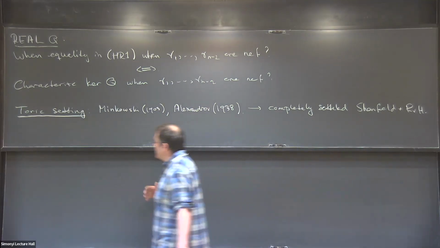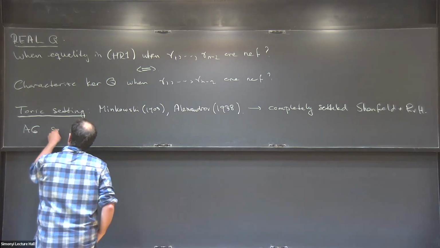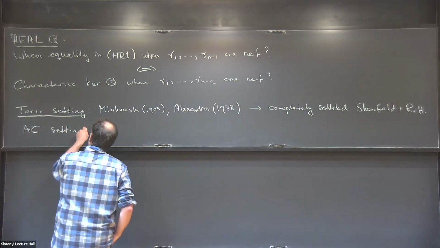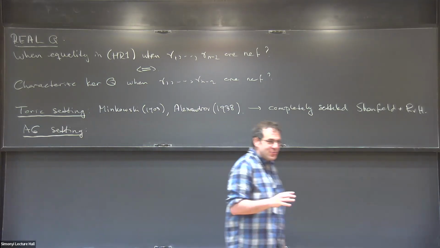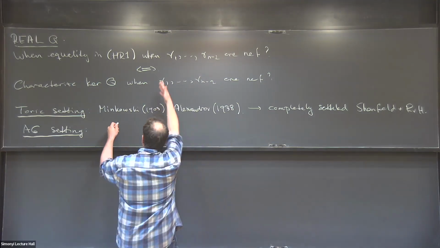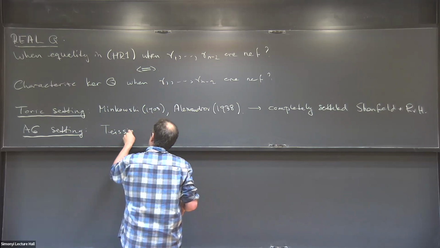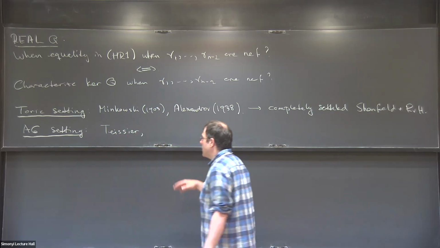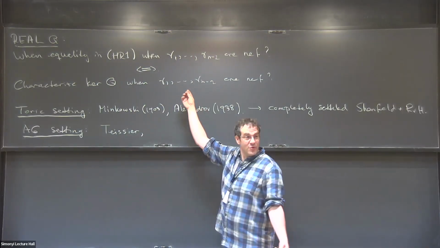Now, in the more general setting, let's say the algebraic geometry, non-toric setting, I don't really exactly understand. I've seen in the literature that people attribute the same problem or related problems to Teissier. I went back and read those papers that they cite, and I couldn't find exactly this problem formulated there.